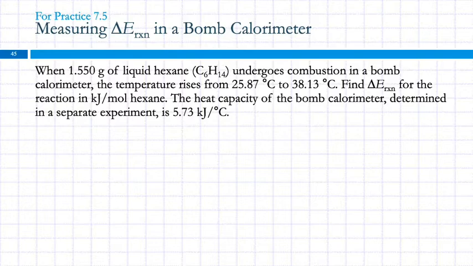We're asked to find the change in energy for the reaction in kilojoules per mole of hexane. And we're told that the heat capacity of the bomb calorimeter is 5.73 kilojoules per degree Celsius. So let's harvest numbers and see what we can do with them.